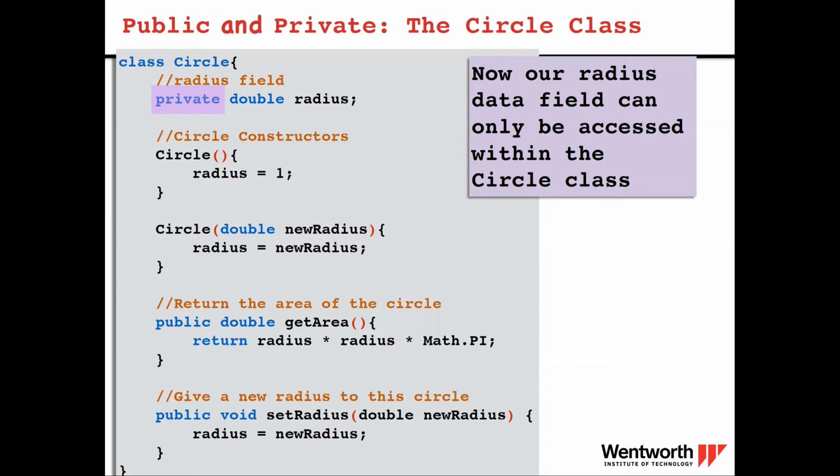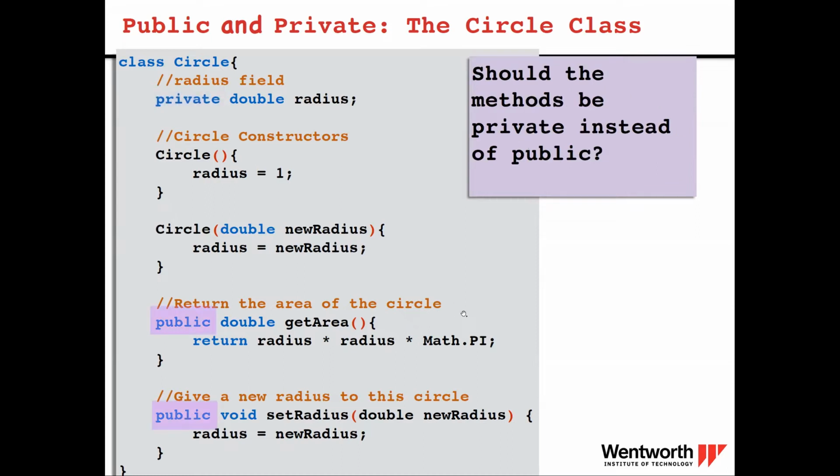That doesn't mean it's totally hidden and I can never do anything with it. Take a look down here at the method at the bottom. setRadius. Send in a value and it changes my radius data. So that's a way to access the data and change it through a method. And that's going to be a very common theme that you're going to see in object-oriented programming.